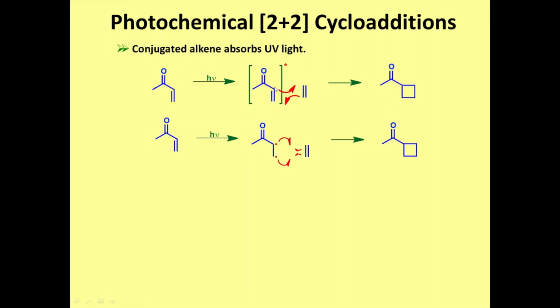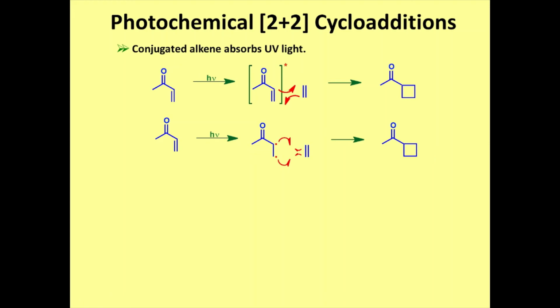The excited molecule can react with another simple olefin to give a cyclobutane ring structure appended with the carbonyl functional group. Another possible way is that the alpha-beta unsaturated carbonyl compound is irradiated under ultraviolet light, and the olefin is converted into radicals, and those radicals can react with the olefin to give a similar product, a cyclobutane appended with a carbonyl functional group.